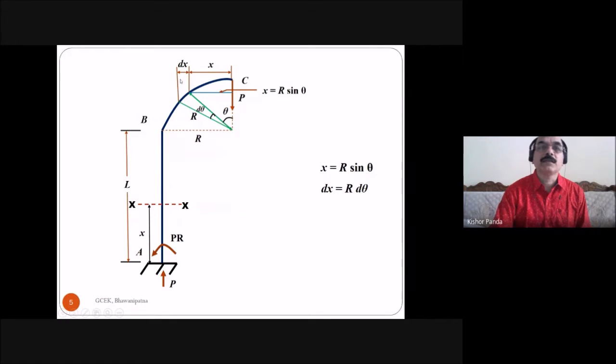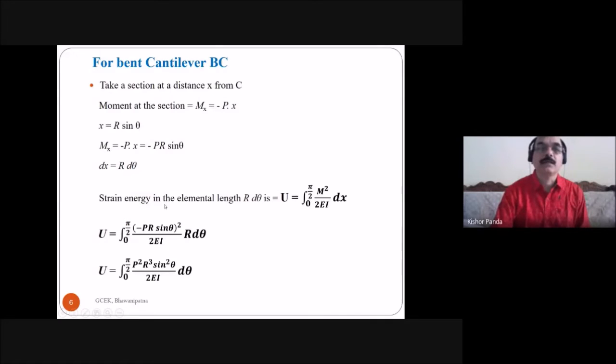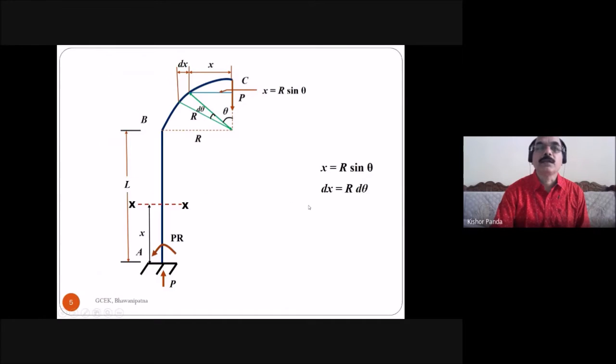Along the linear direction, this is the incremental length; along the arc, along the curve, this is the r d theta. But here you have to take the integration, because you have to find out the strain energy of this portion BC.